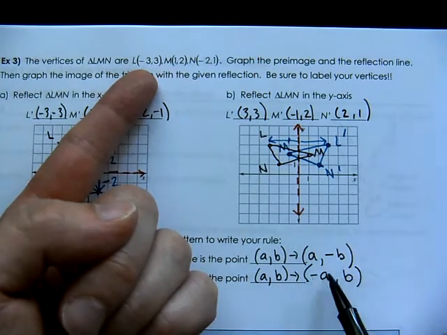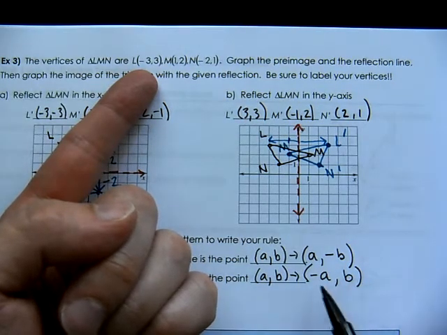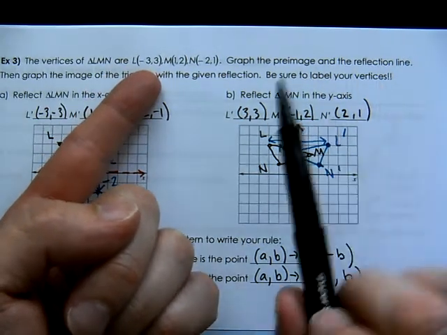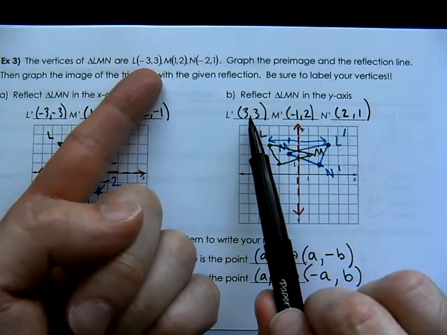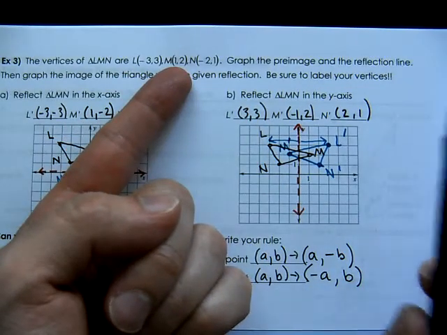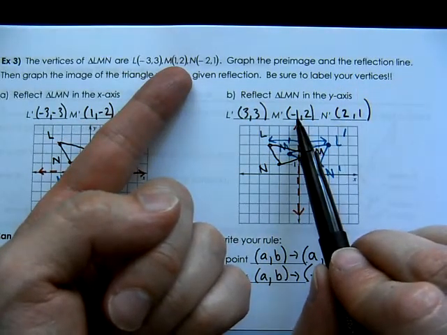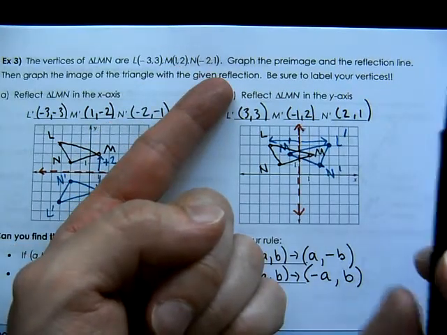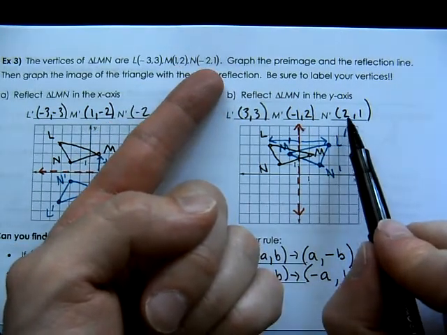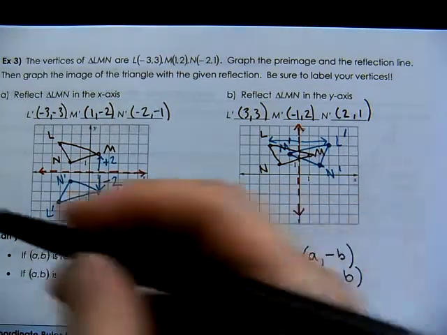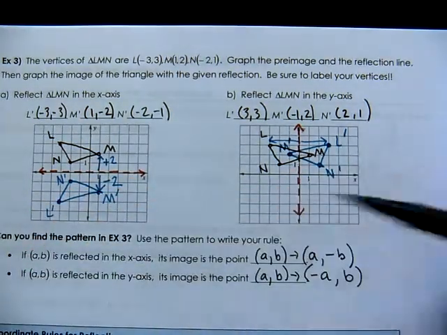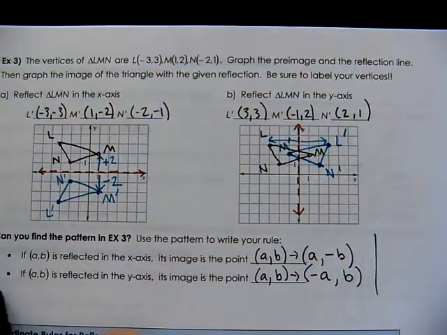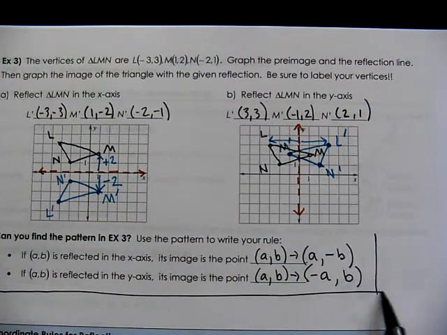So again, when we see this negative a, that does not mean make it negative. It means change the sign on this coordinate. So this negative 3 became positive 3. This positive 1 became negative 1. This negative 2 became positive 2. That's what we saw here. Let's box this in so it stands out a little bit better, and that is a pattern that we've discovered.